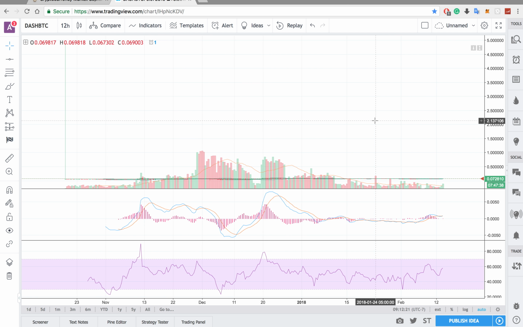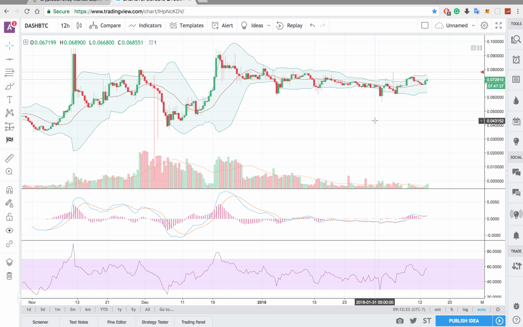Well, let me see the Bollinger Bands for this. So its resistance was about 95,000 satoshis. Let me pull out the Fibonacci.